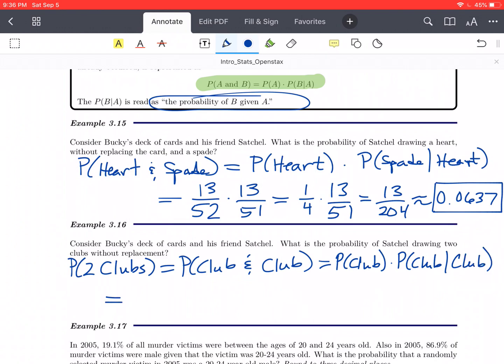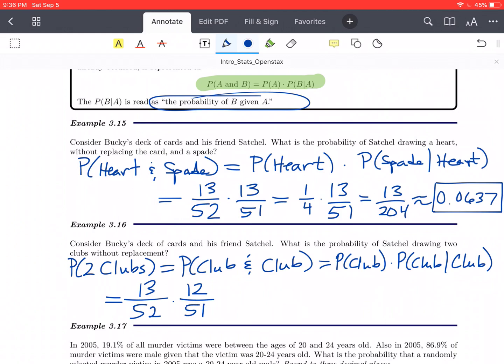Okay, so for the first probability of getting a club, there's 13 of them in the deck of 52. Times, now what's the probability that he gets a second club? Well, if he already got a club once, that means that there are only 12 clubs left in the deck, and there are only 51 cards left in the deck.